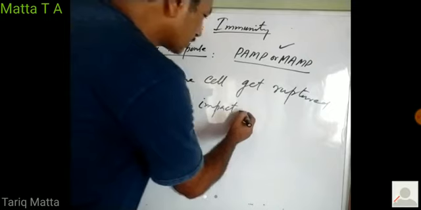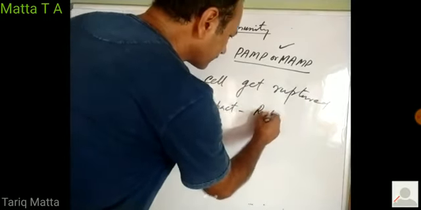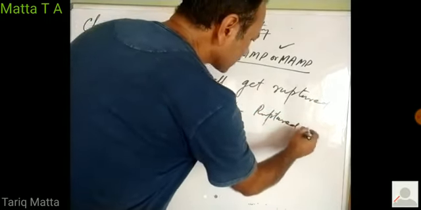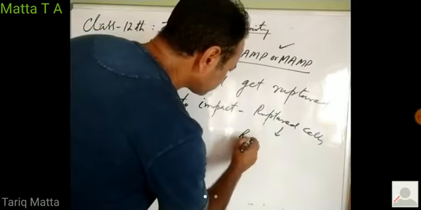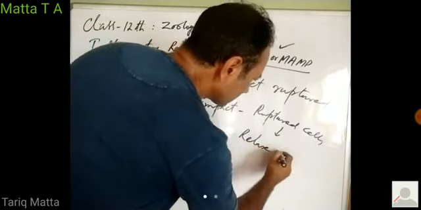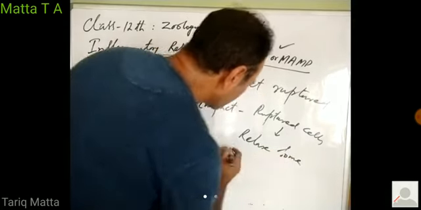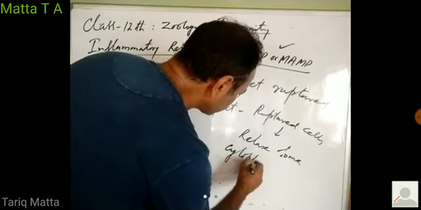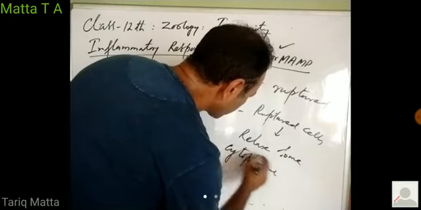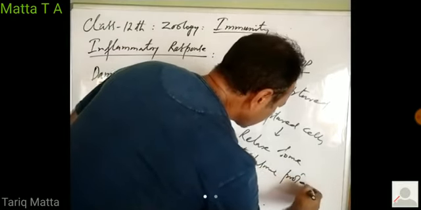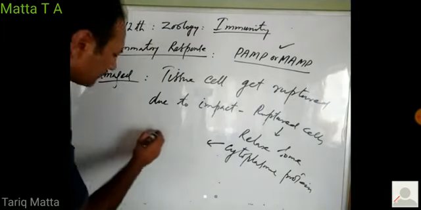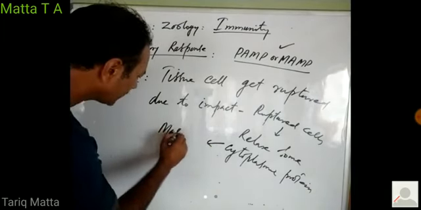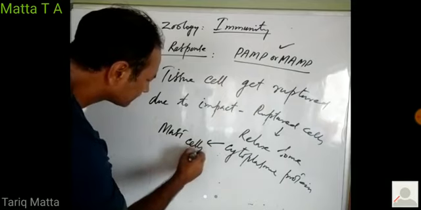Those damaged, ruptured cells release some cytoplasmic proteins. These cytoplasmic proteins are detected by mast cells; they bind to mast cells.